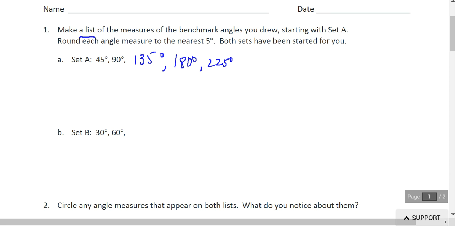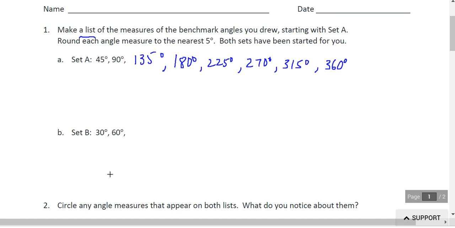Then we have to add 45 degrees to that, so that's going to be 270 degrees. Where is he getting these numbers from? Well, if I put 45 and 25, it's going to be 70. Okay, so 270 degrees. Then 45 degrees from that's going to be 315 degrees. And then 45 degrees more turn is going to be 360 degrees, which would be one full turn on the circle if you had a circular protractor.